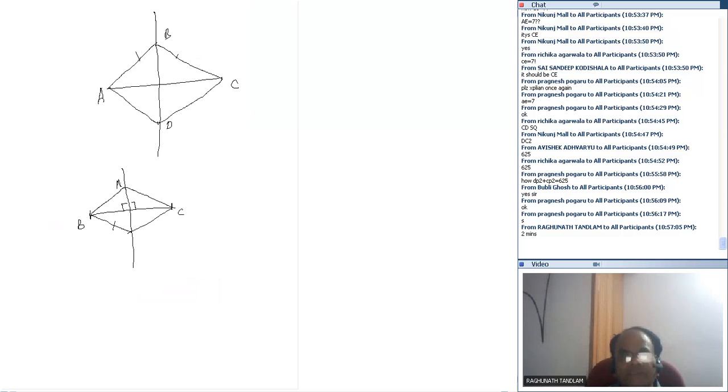So if these two are equal, this will be a perpendicular bisector. If I call this line L1, L1 will be the perpendicular bisector of BC. Clear, Nikunj? If I have a line segment, and I find these sides are equal, then this must be a perpendicular bisector.